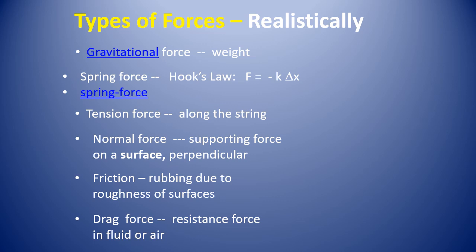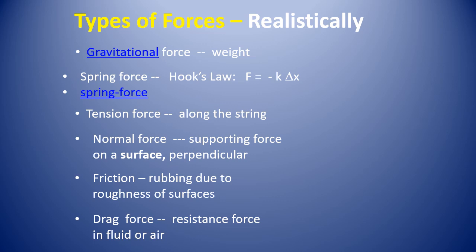For example, you're standing on a table, and the table yields a little bit down, and then it's actually kind of like a spring. Another type is the interaction of friction forces, rubbing due to the roughness. Friction forces are also between two surfaces, interfaces, but they are along the interface, which means parallel to the interface.